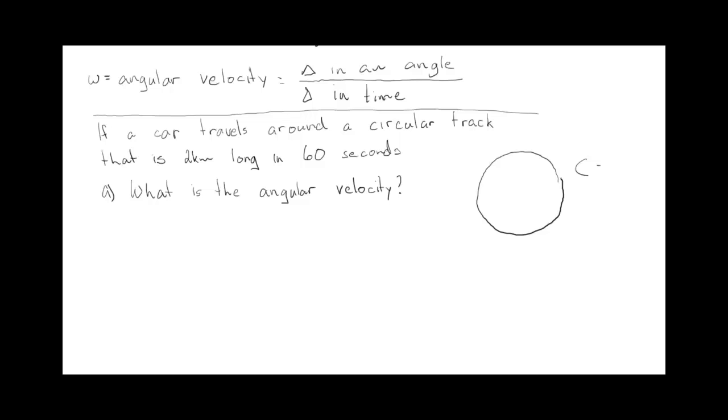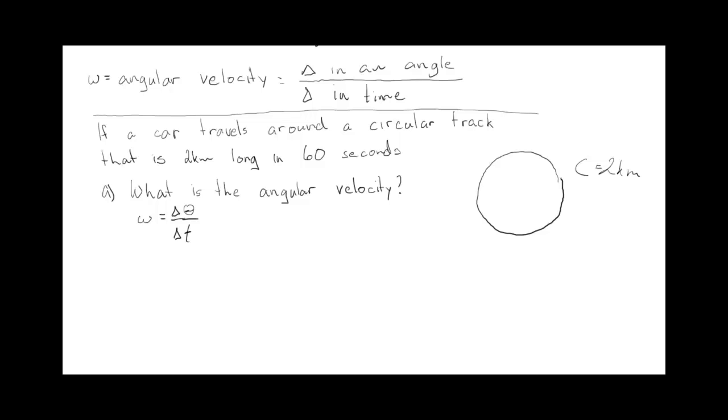The circumference equals 2 kilometers, and the time is 60 seconds. We want the angular velocity, so omega equals the change in angle, so we use theta for angle, over the change in time, T for time.